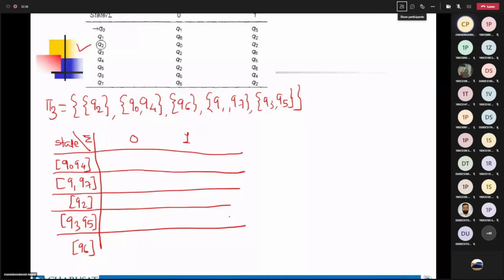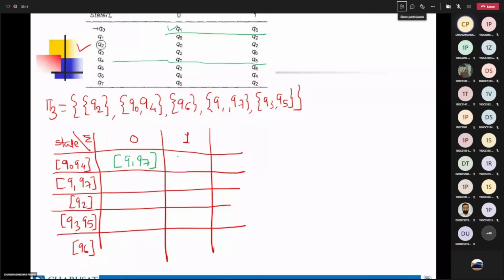So here we have to just write down the transitions. Nothing else. So Q0, Q4. This transition we have to write down here. So what is it here? Q1, Q7. Next, 0 and 4 for input 1: 5, 5.